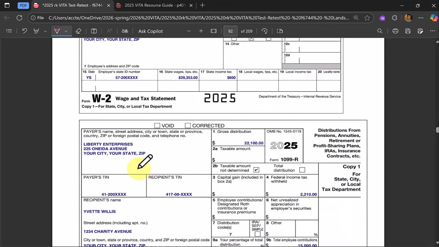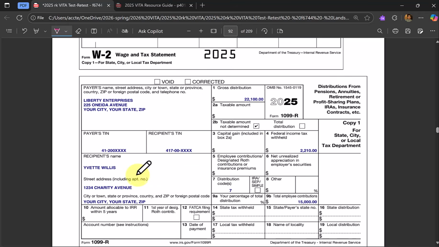In the case of Yvette, here's her pension income reported to her on this 1099-R. So you notice this box is empty, the amount that's taxable out of this 22,100. We, the preparer, have to determine the amount that's taxable. Again, I would look back in the prior year to see if there's any calculation.